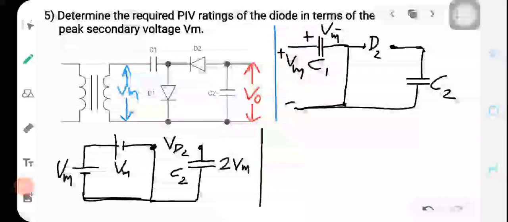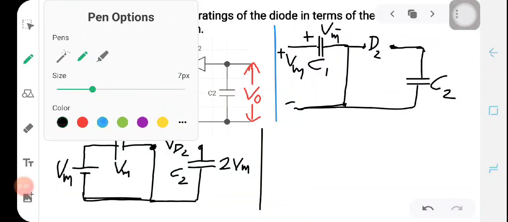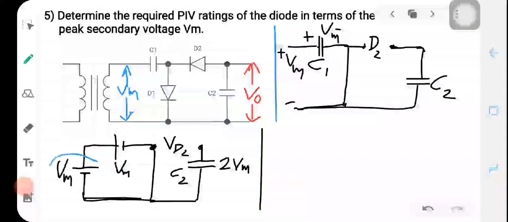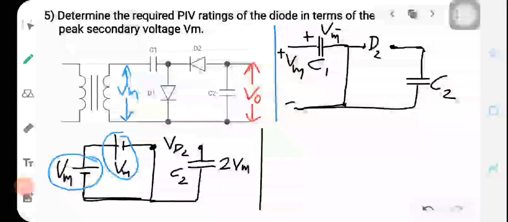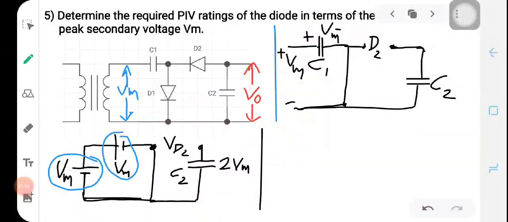Now from this diagram, this voltage source Vm and the capacitor voltage are connected back to back, not in the aiding format, because here we have a connection like this.